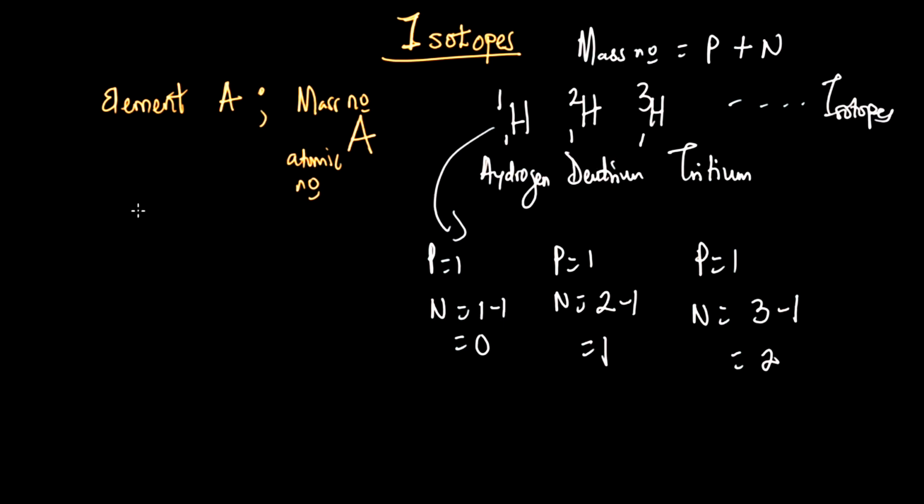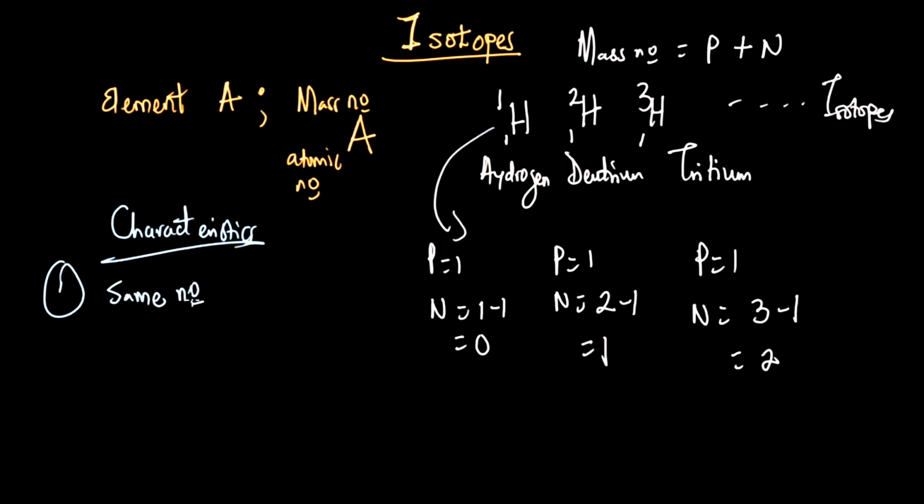So here are some characteristics of isotopes. One, they have the same number of protons and the same number of electrons.